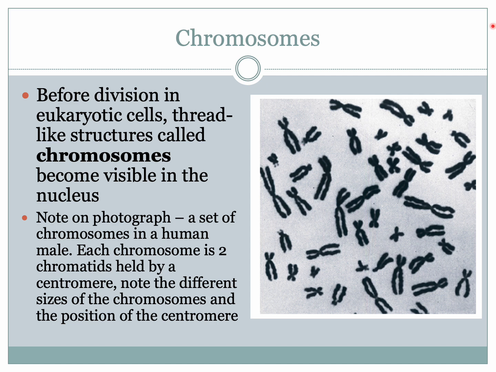Before division in eukaryotic cells, thread-like structures called chromosomes become visible in the nucleus. The photograph is a set of chromosomes in a human male. Each chromosome is 2 chromatids held by a centromere.